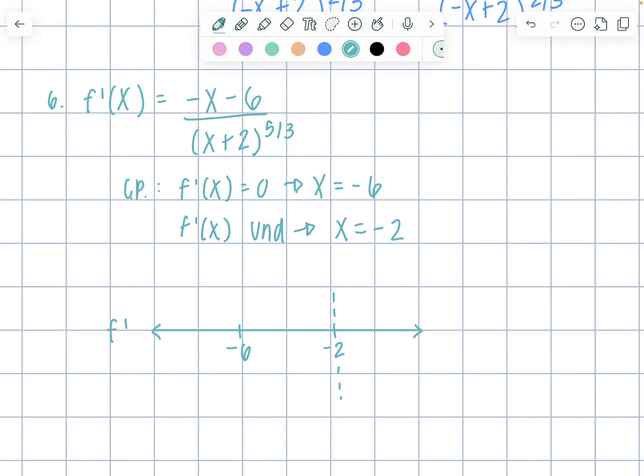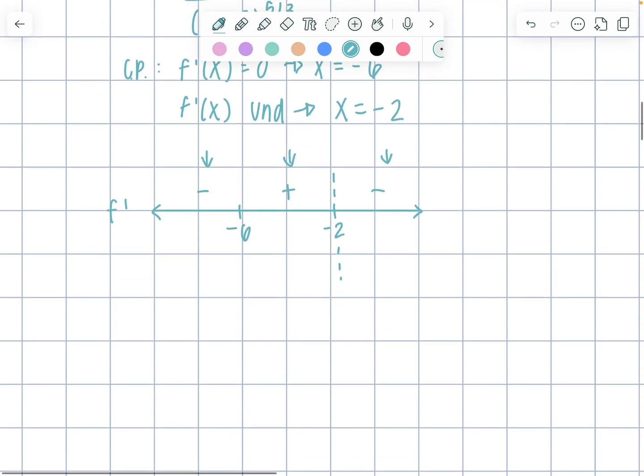Now we will test a value into each of these intervals into our f prime function. When we test values to the left of negative 6, we find that they are negative. When we test values in between negative 6 and negative 2, we find that they are positive. When we test values to the right of negative 2, they are negative.